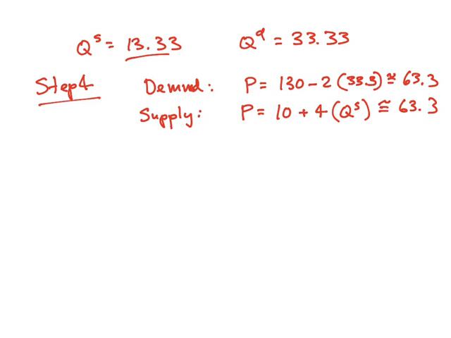So recall that the free trade price was, by assumption, 50. That's where we started. So what you have is that when you limit the amount of imports, the domestic price will rise.